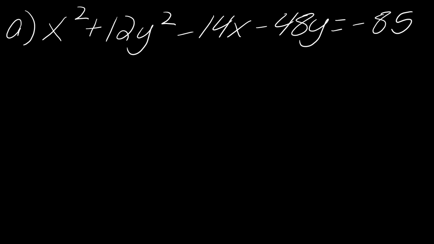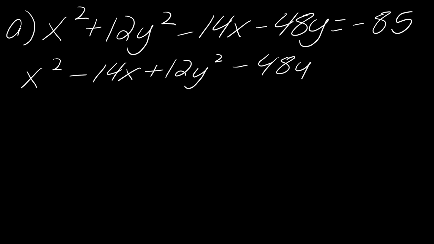What we're going to want to do is put the x terms together and the y terms together. And then from here, we want to have just a squared term.